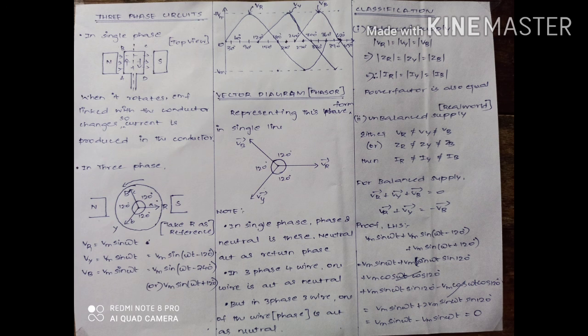Then we get Vm sin omega t plus 2 Vm sin omega t cos 120 degree. Cos 120 degree is equal to minus 1 by 2. Then we get Vm sin omega t minus Vm sin omega t. It is equal to 0. Thus we proved that one of the phases acts as a return path for the other two phases.